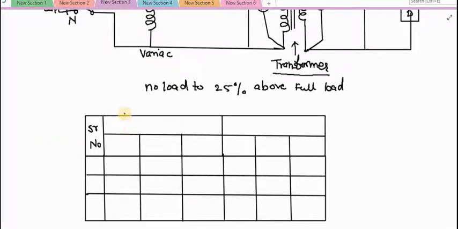Here I have drawn one observation table. So what we have to do is vary the load in suitable steps and take the readings on both sides of the transformer, that is primary and secondary. Here I will write down the readings of the primary side, and here the secondary side.